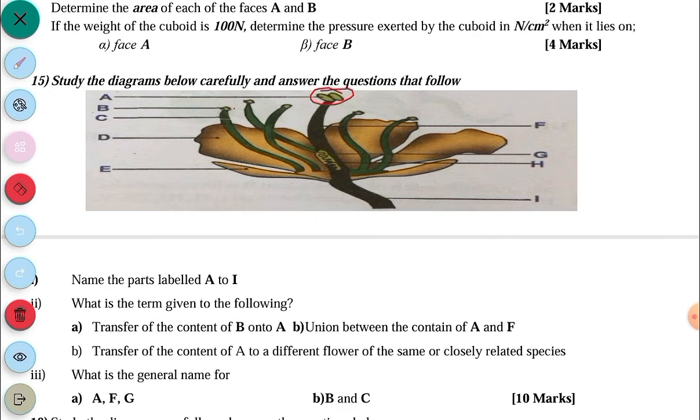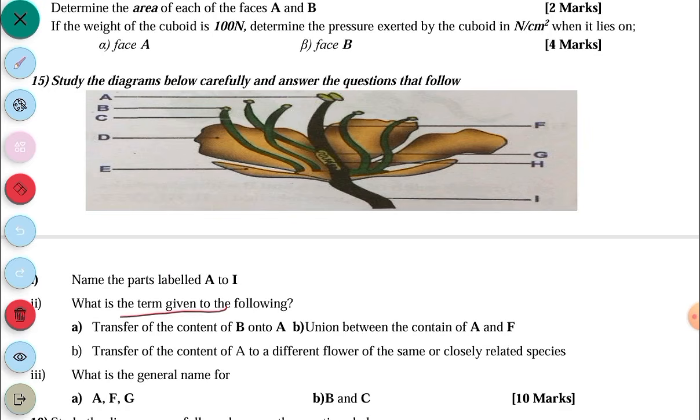Then B is the anther, then C is the filament, D is the petal, the brightly colored part of a flower, E is the sepal, then F is the style which holds the stigma in place, G is the ovary, H is the ovule, then I is the receptacle.